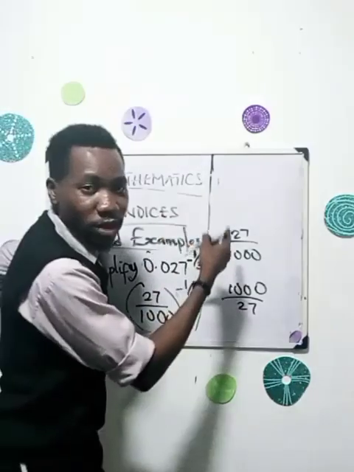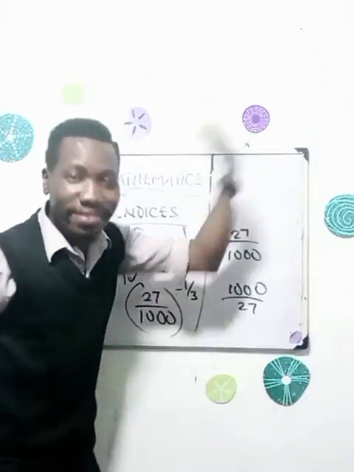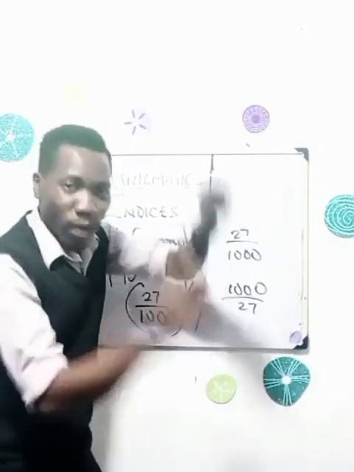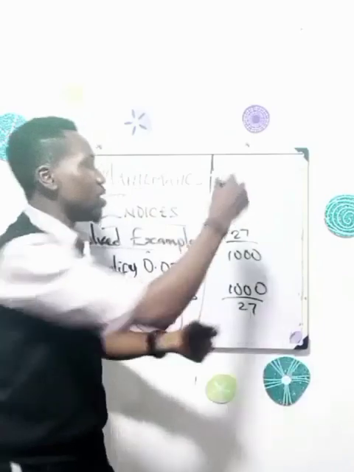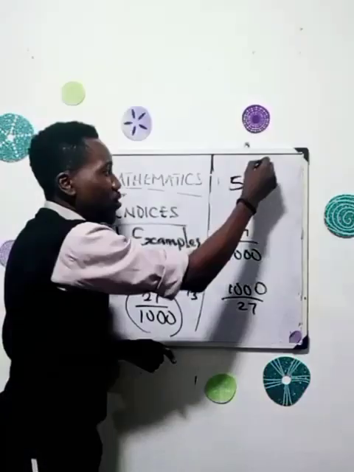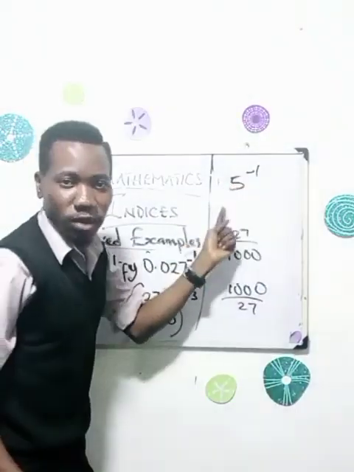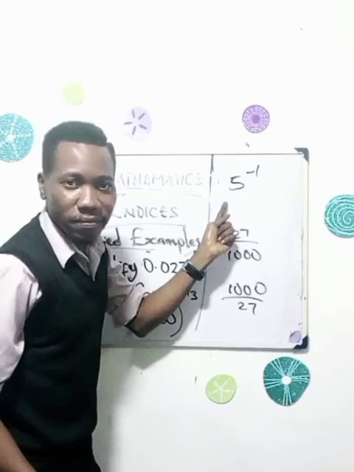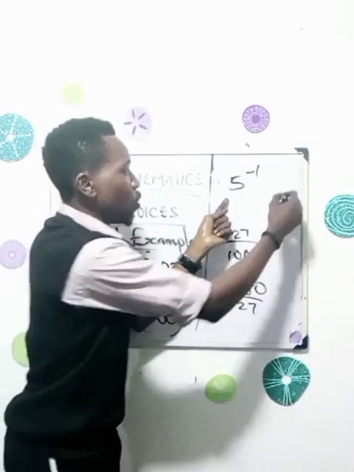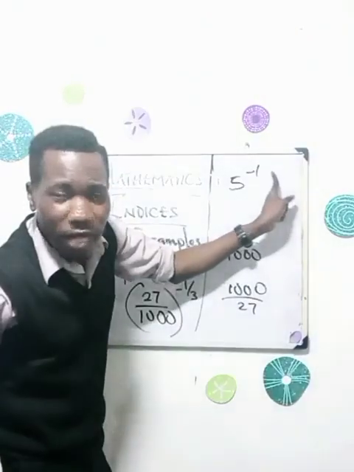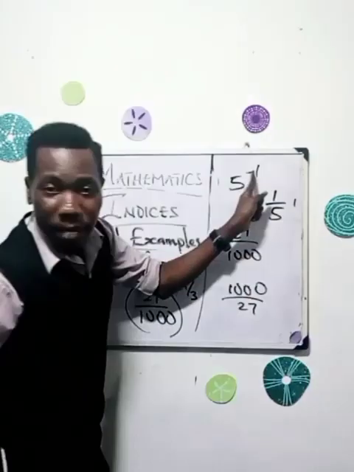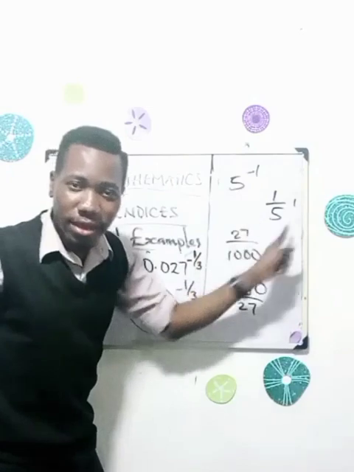When you see any number raised to the power of a negative, that's why you reciprocate it. The rule says you reciprocate. 5 raised to the power of minus 1 means you are going to reciprocate this 5. So you are going to have 1 over 5 raised to the power of 1. This minus makes this be reciprocated.